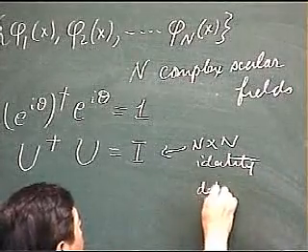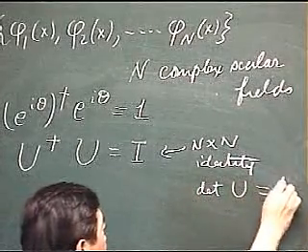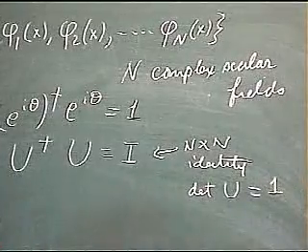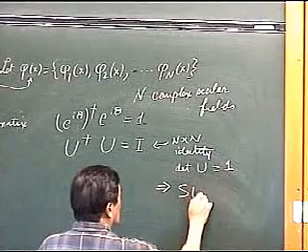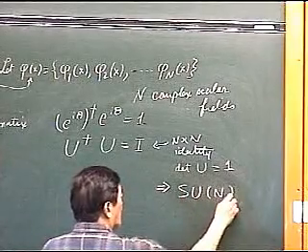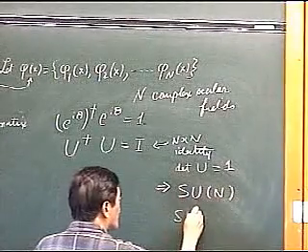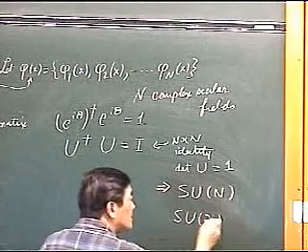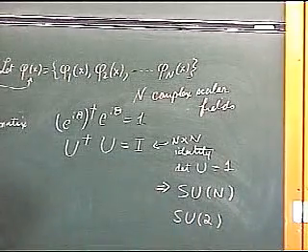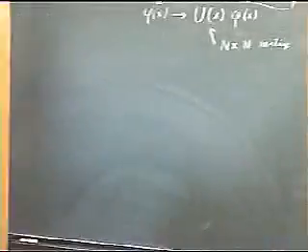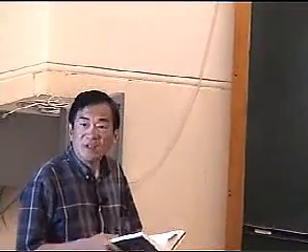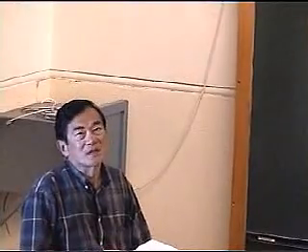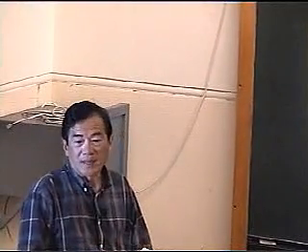And also, we impose the additional condition that the determinant of U is equal to 1. And this defines the group SU(N). And I noticed at tea time on Friday, the students were teaching each other SU(2). So some of you may have already learned SU(2). So for the purpose of this lecture, actually, you don't have to think about SU(N).